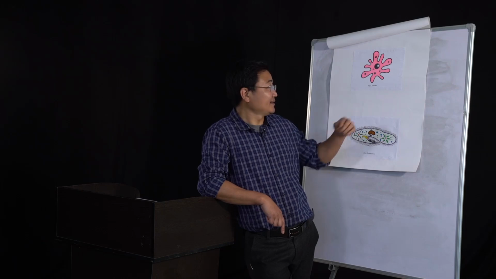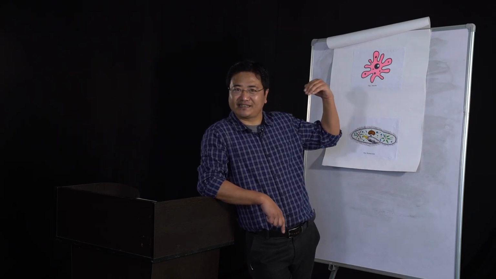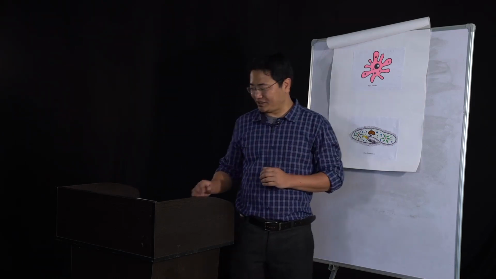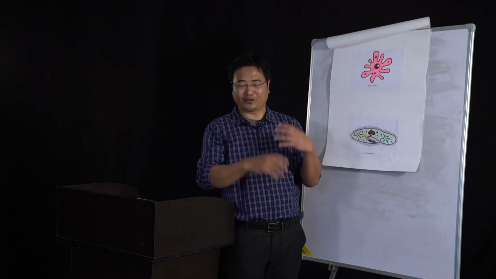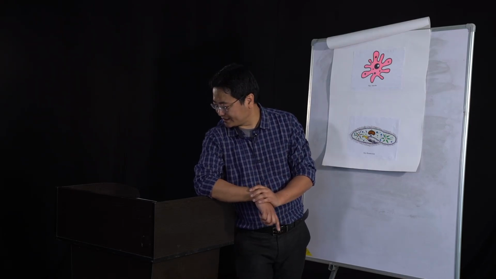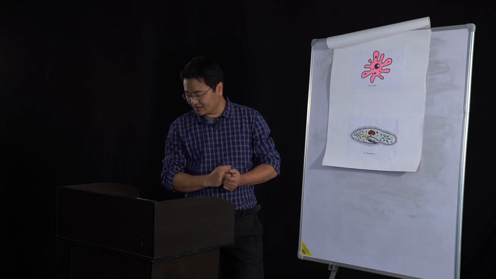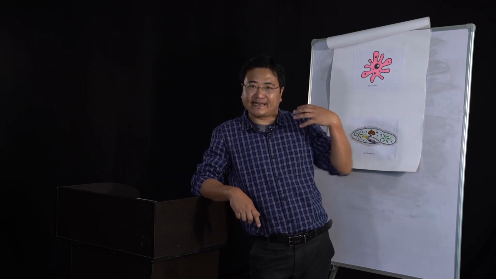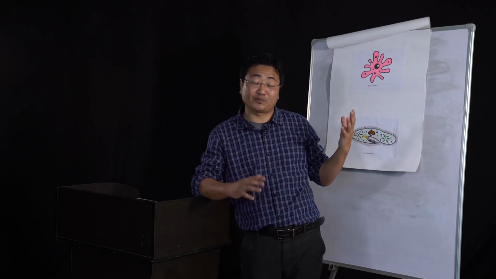Well, let me tell you, there is a cell in our body which changes its shape, and that is the white blood cell. The white blood cells, like the amoeba, can change their shape according to their requirement and functioning. Now, what could be the difference between the white blood cell in my body and the amoeba?